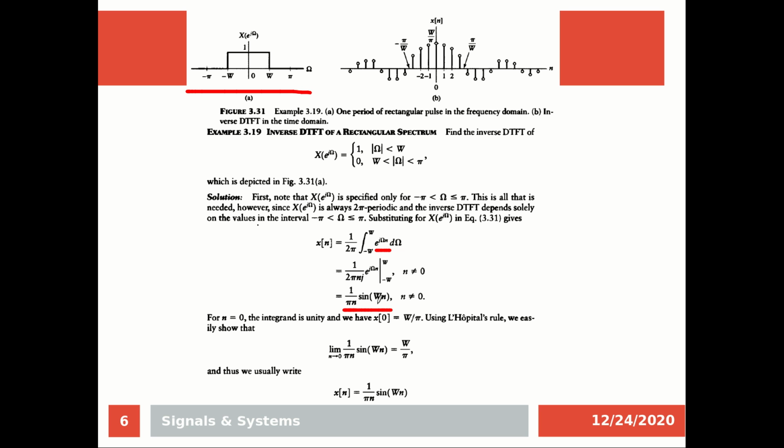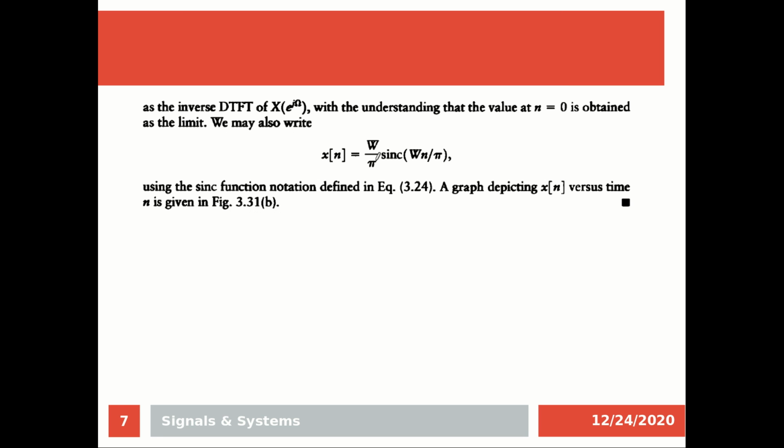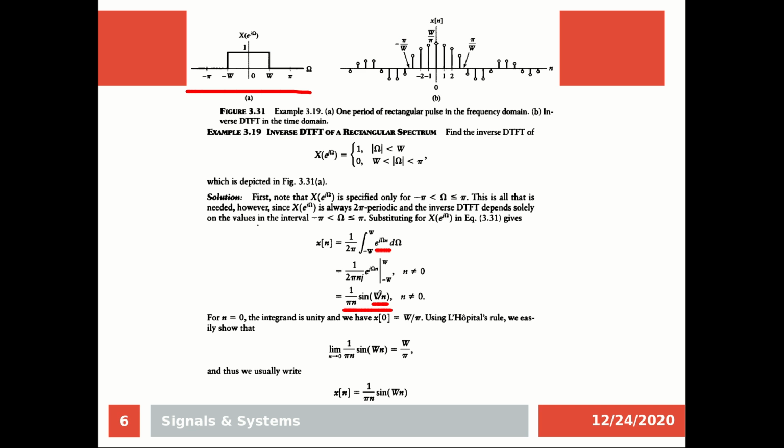It's sine over the value from inside. So it is sine here. Sinc is sine of the value wn pi over wn pi. Okay, so the pi is in the sinc, so the sinc is w pi multiplied by n, sine over the value inside, whatever it is, wn, whatever it is.